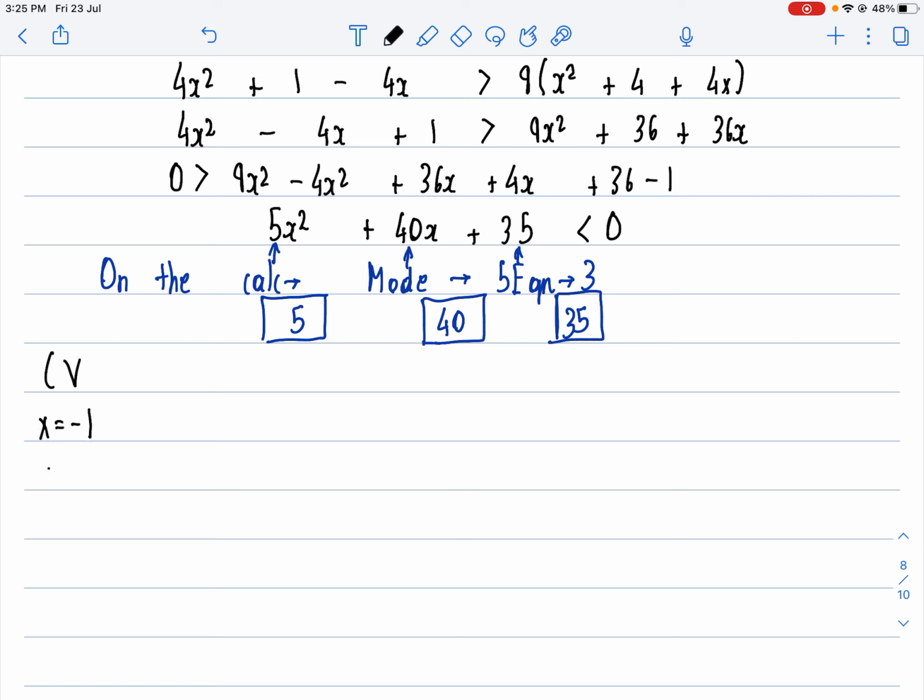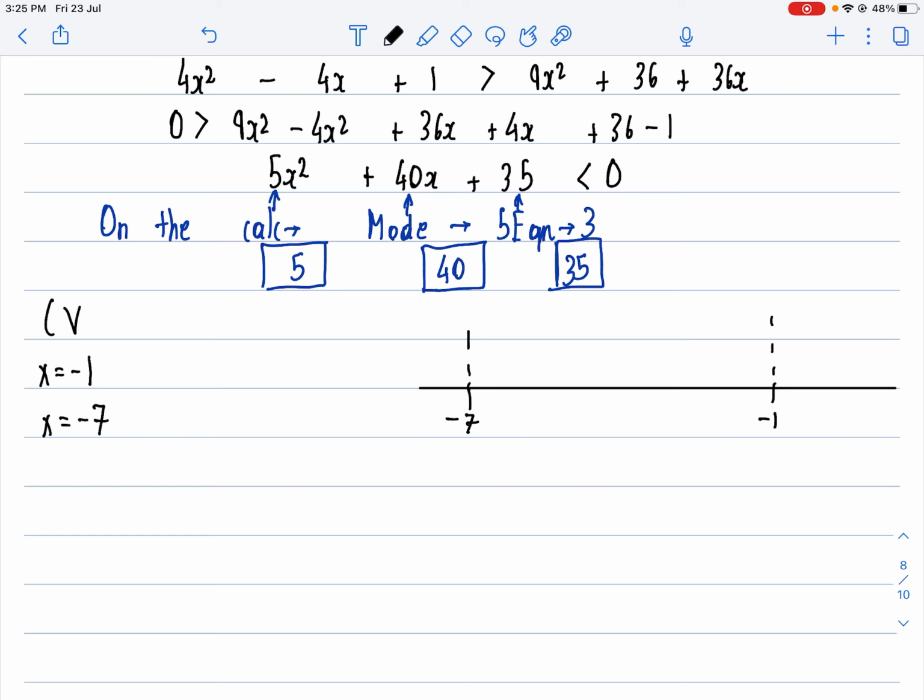Now the next step is making the number line. So when you make the number line, I have minus 7 somewhere here, and I have minus 1 somewhere here. Now take a value in between them. Let's say I take minus 2.